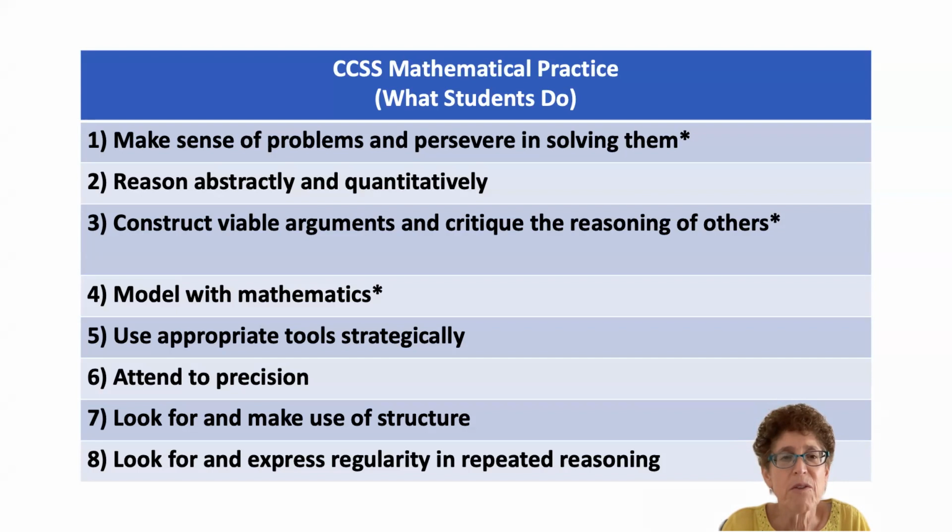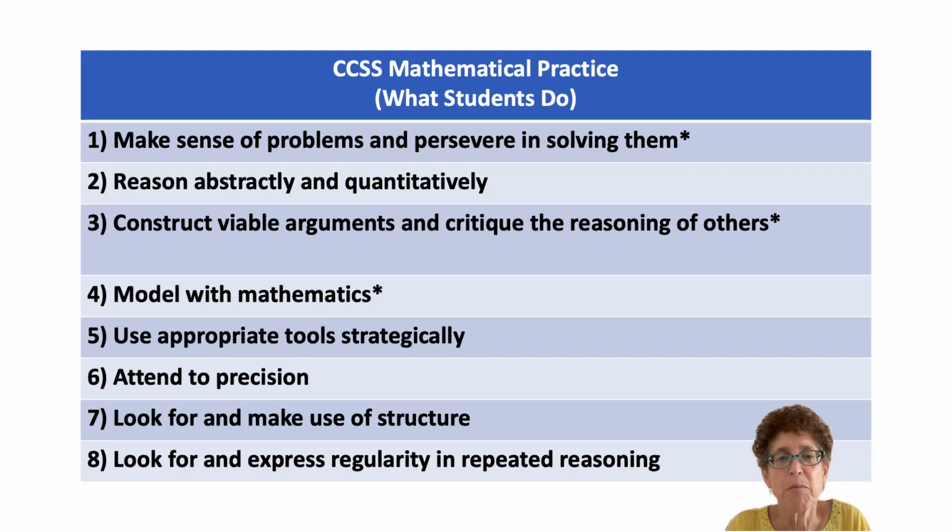Number 2, reason abstractly and quantitatively. 3, construct viable arguments and critique the reasoning of others. This means kids need to explain their thinking and be open to the thinking of others and to really think about the fact that there's many ways to solve problems.